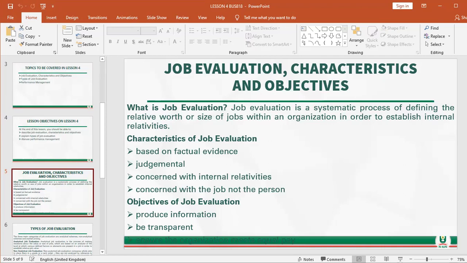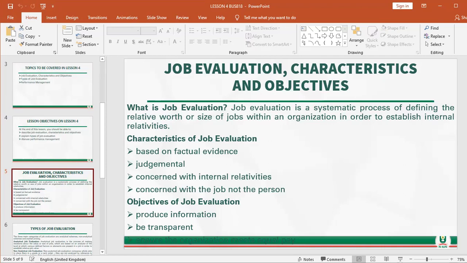So we move on to the second characteristic, which is judgmental. And basically, judgmental has to do with human judgments. You understand? It's also based on factual evidence, but judgmental would go a long way in terms of analyzing that fact, so to say.